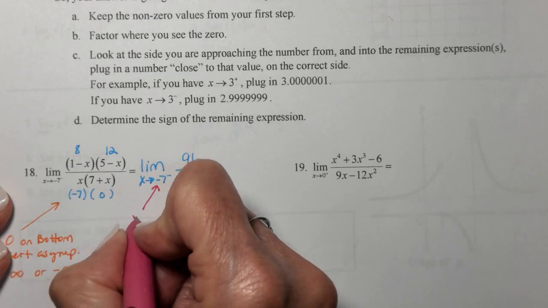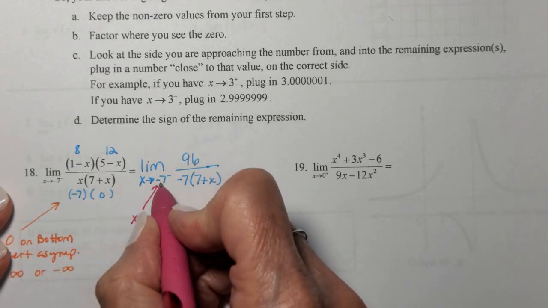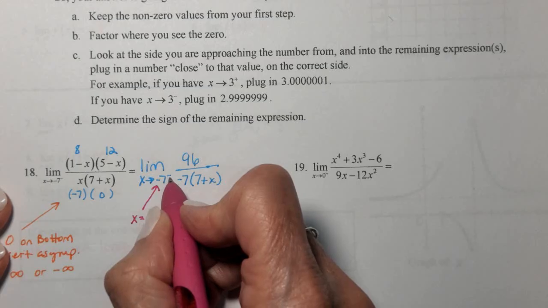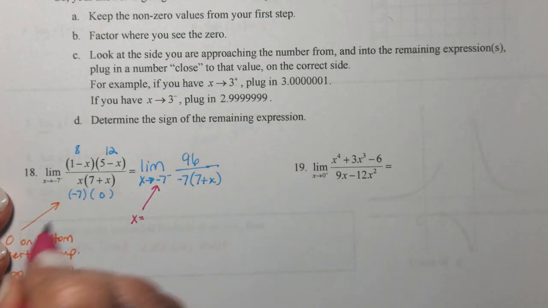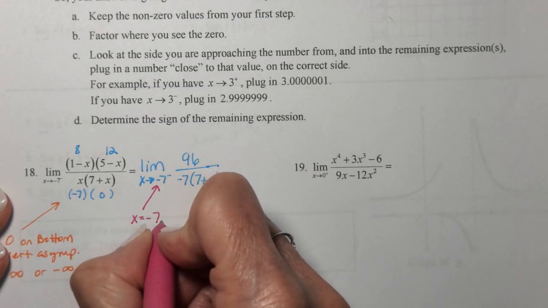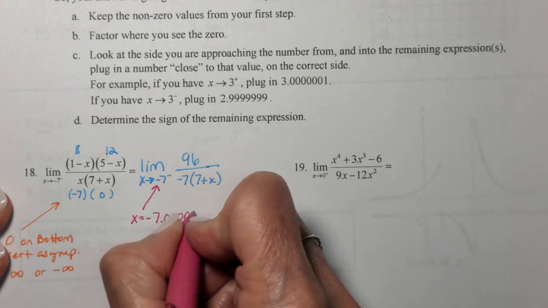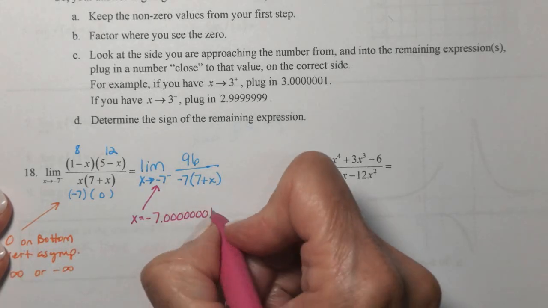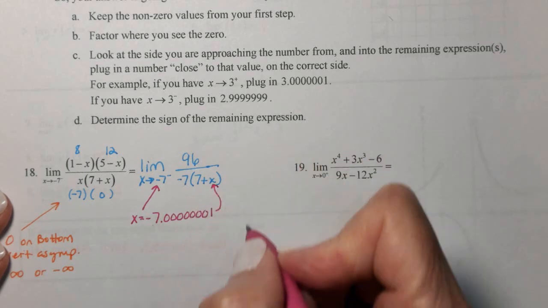I'm going to plug in something very, very close to -7, but on its left. And on the left of -7 is -7.00000001, right? That is very close to -7, but on the left, okay? And I'm plugging that in for this x right here.